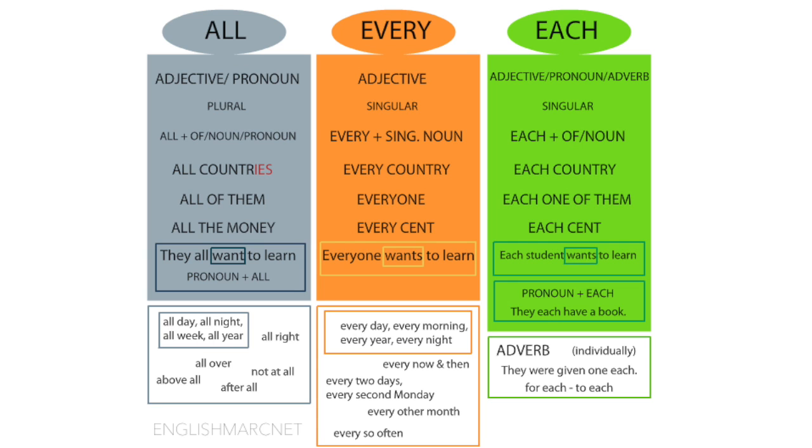Then the last word is each. Each is very much confused with every. And each is an adjective, a pronoun, and an adverb. It is always in the singular form. So we can say each plus of, as I used it in the example.